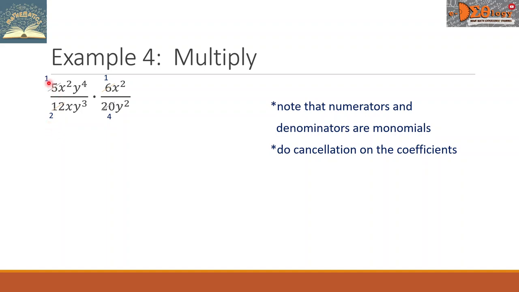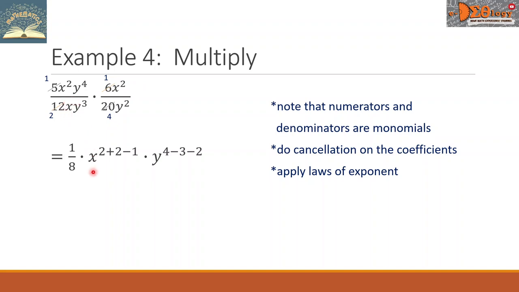Then we multiply the coefficients. 1 times 1 and 2 times 4. What about the variables? We're going to apply the laws of exponent. Going back to the coefficients, we have 1 over 8 times, let's see, the variable x. We have here x squared, another x squared, and in the denominator, there is a variable x here.